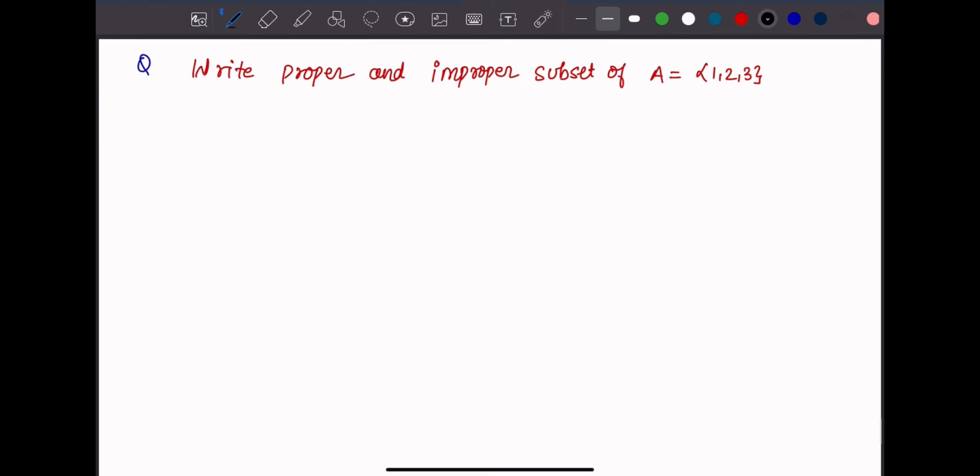Let's move to the next question. The question we have is: write proper as well as improper subsets of set A, that is {1, 2, 3}. So first step, if I'm going to write proper subset, I know that in the proper subset A is not equal to B, or otherwise you can say that set A itself is not included.